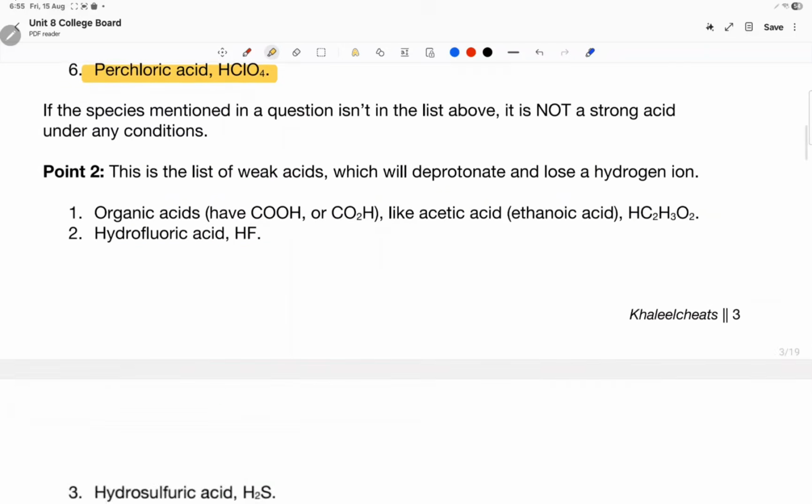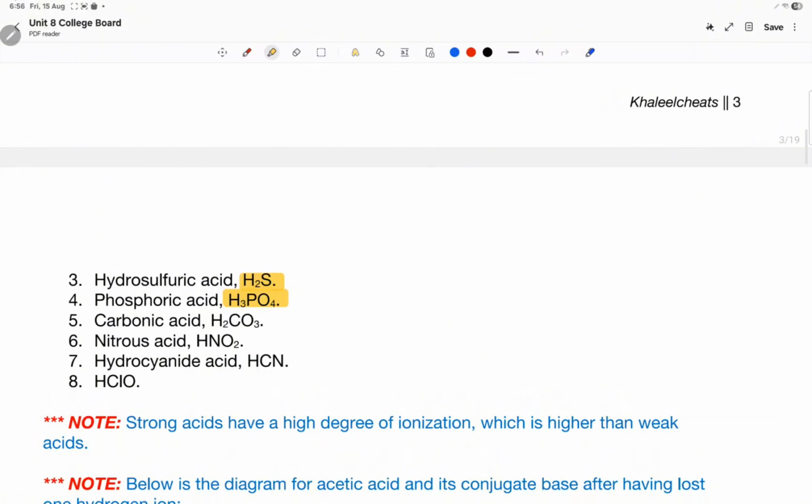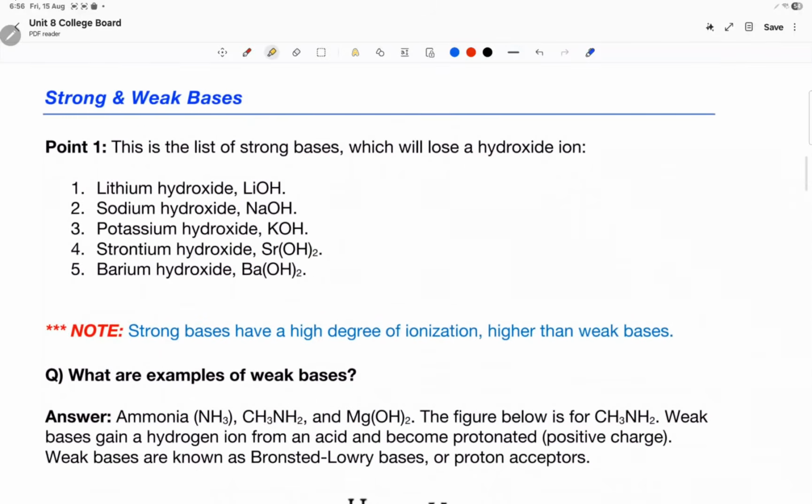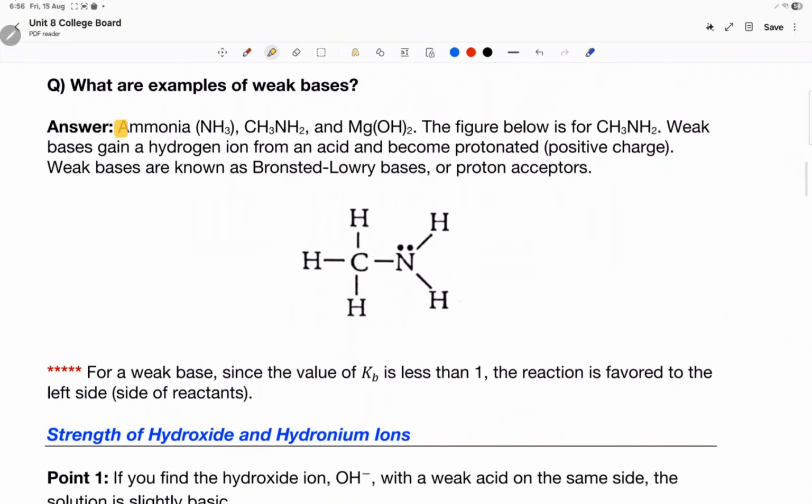It tells you the weak acids, like this one, which we just did. It tells you the list of the strong bases. Memorization, huh? A lot of people never memorize this stuff. Don't be like them, please.